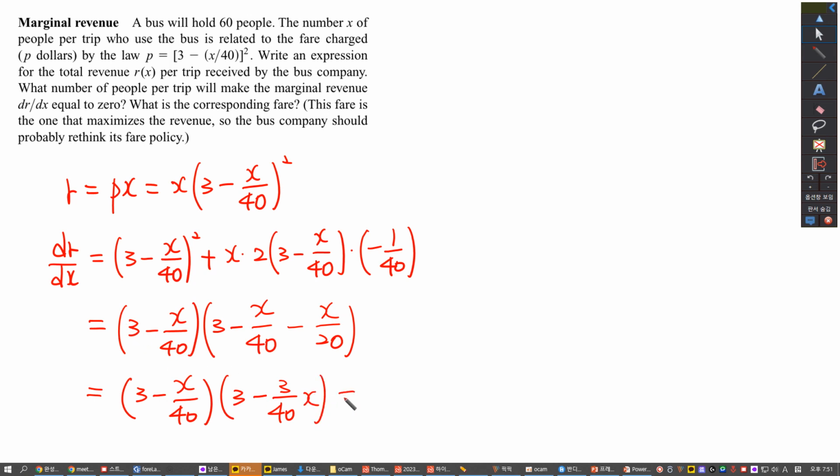So when this is 0, what will be the value of x for the first parenthesis? When the first parenthesis is 0, what's the value of x? 120. How about the second parenthesis? 40.